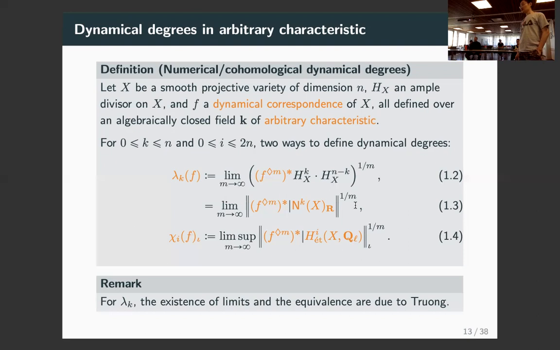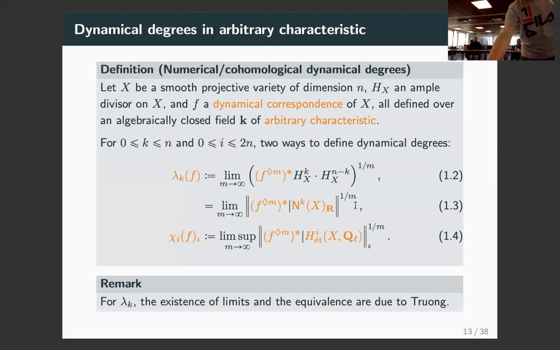The other one is the so-called l-adic cohomological dynamic degree, chi_i(f, iota). This is the limsup of the m-th root of the pullback on H^i, the l-adic étale cohomology group. Okay, so we have these two definitions. For the first one, lambda_k(f), the existence of the limit and the equivalence are due to Truong.